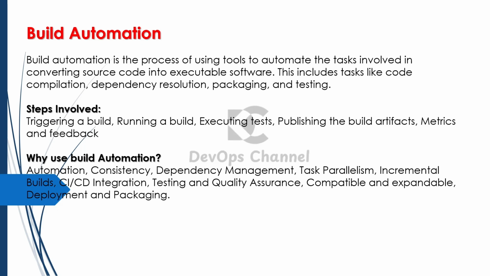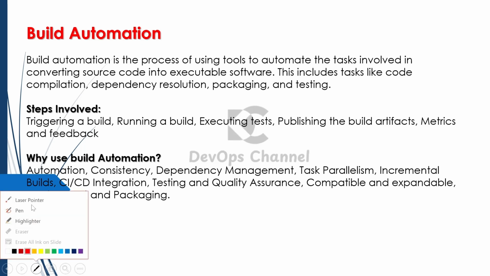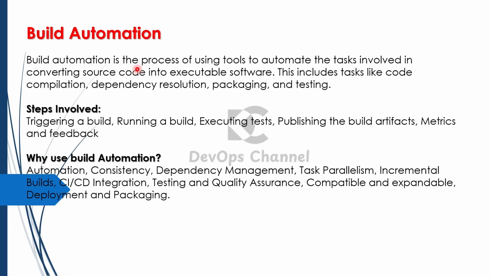Build automation is the process of using tools to automate the tasks involved in converting source code into executable software. Basically, the developer writes their code, and as a result they should create executable software.